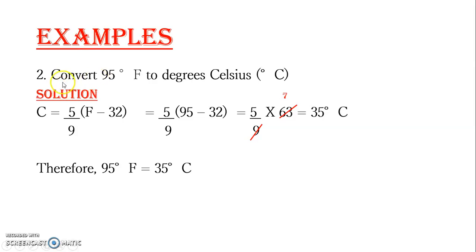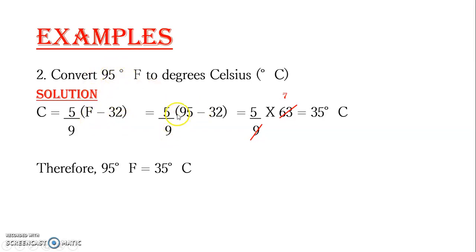Example 2. Convert 95 degrees Fahrenheit to degrees Celsius. And solution, Celsius will be equal to 5/9. Now this is the opposite. 5/9 bracket F, which is Fahrenheit, minus 32 bracket. And when the bracket is close to a figure, all you need to do is to multiply your fraction by what you have in the bracket. So let's input 95 into the formula.